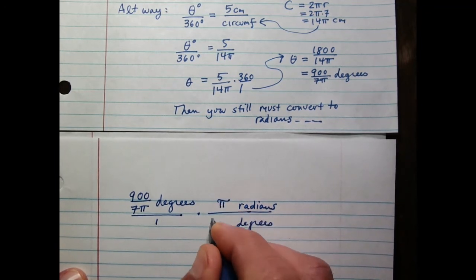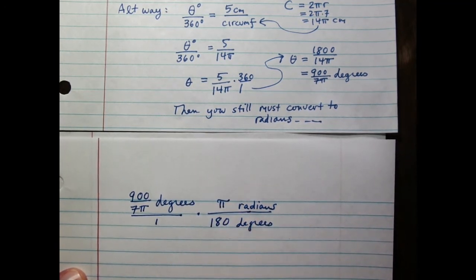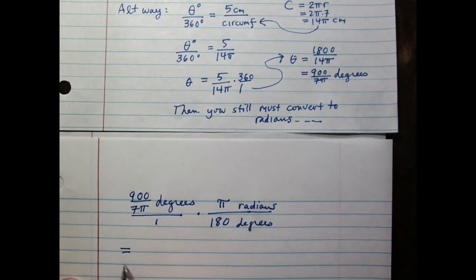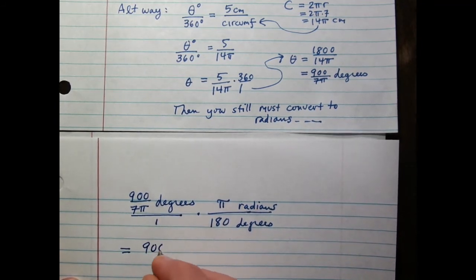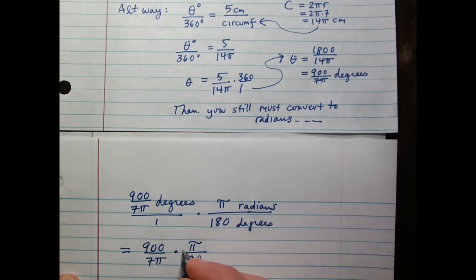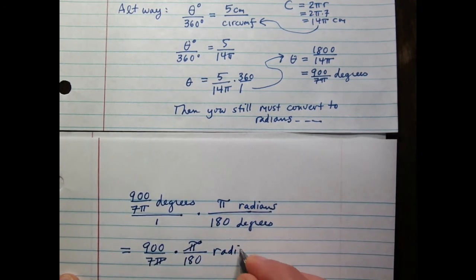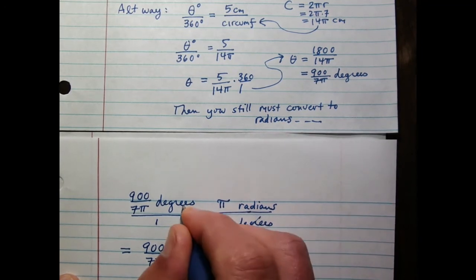Pi radians is 180 degrees. So it ends up looking like 900 over 7 pi times pi over 180. Notice that the pi will cancel along with the degrees.